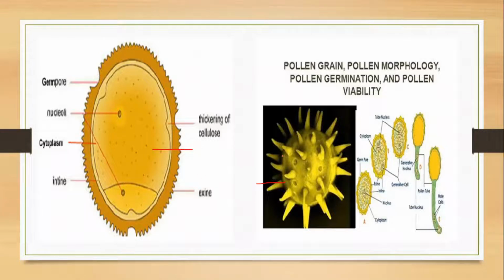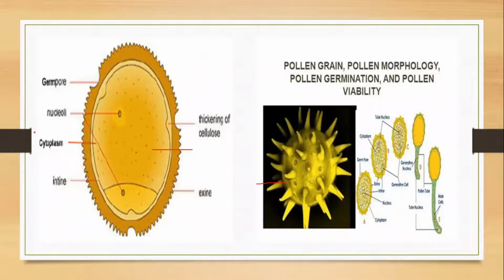Exine is a very hard covering, having 1, 2 or 3 pollen germ pores, and it is highly resistant to chemicals and other things, made up of sporopollenin, whereas intine is made up of cellulose and pectin, which is thinner and not so hard.